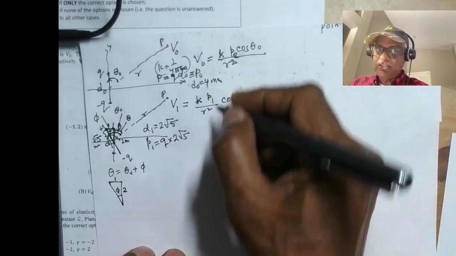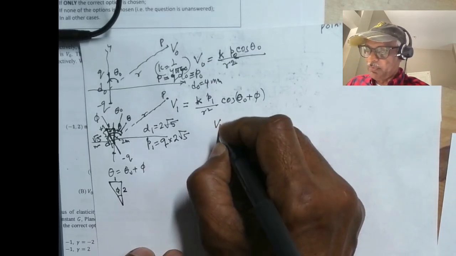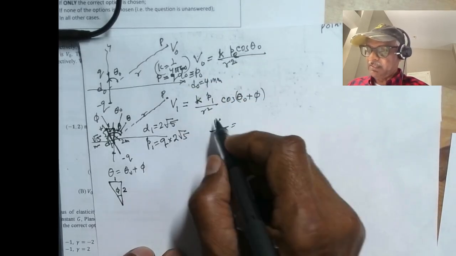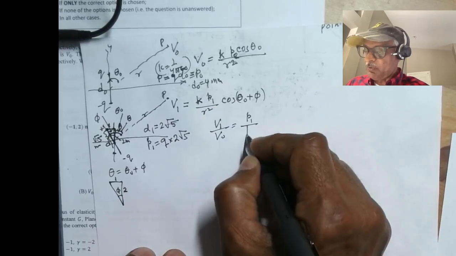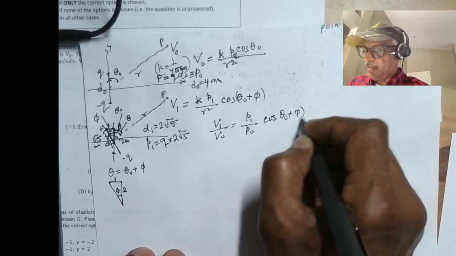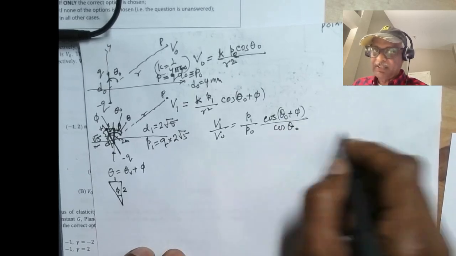So now if you take a ratio of these two, it should give me the answer. V1 over V0. All of these got P1 over P0 cosine theta 0 plus phi over cosine theta 0, and then we can actually work this out.